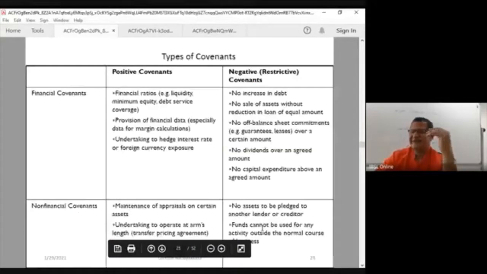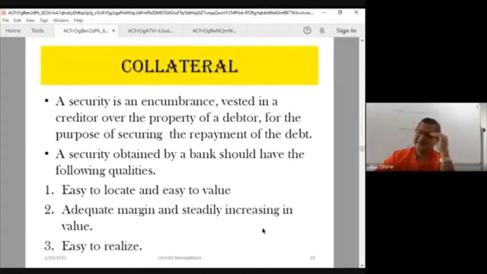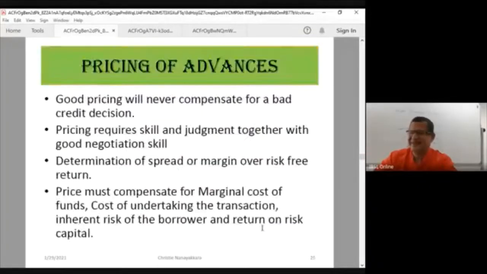Further explanation is given on covenants. Collateral, further explanation given. That means you need to take proper collateral, proper documents. Also, you need to register those collateral in proper registrars in order for the bank to have a hold on the customer.